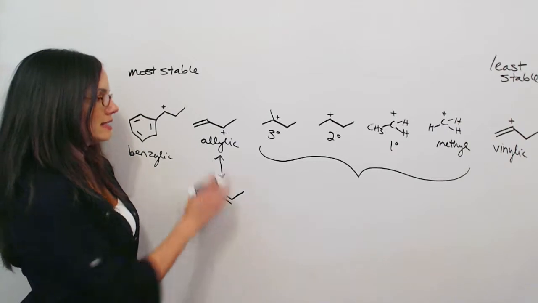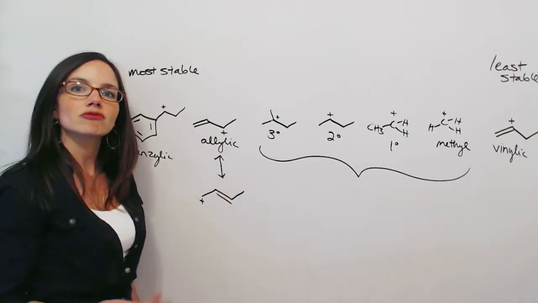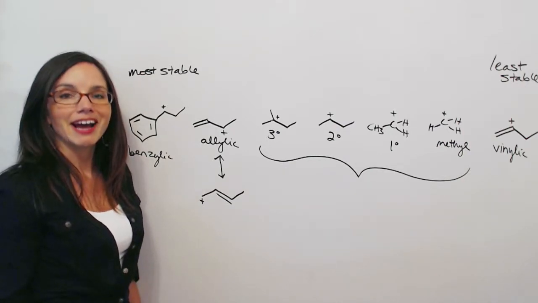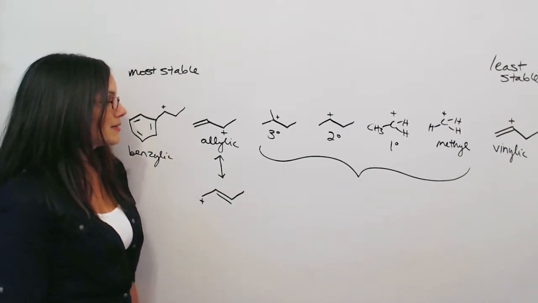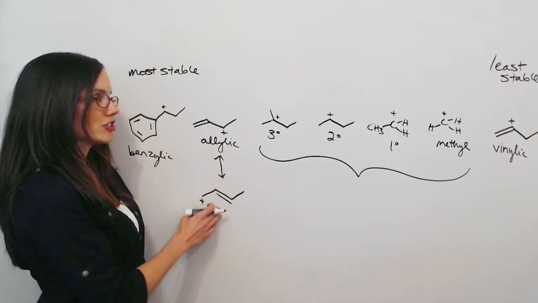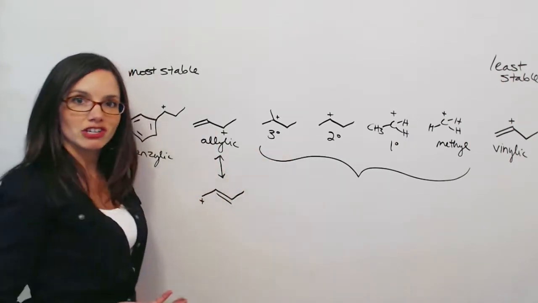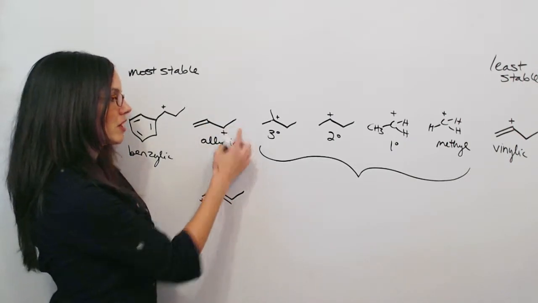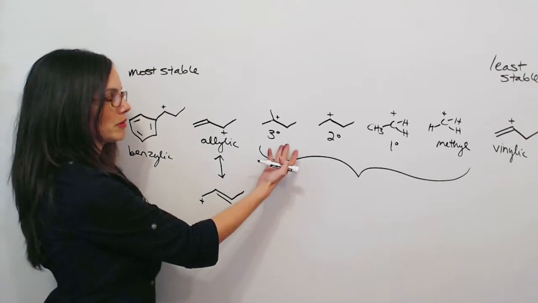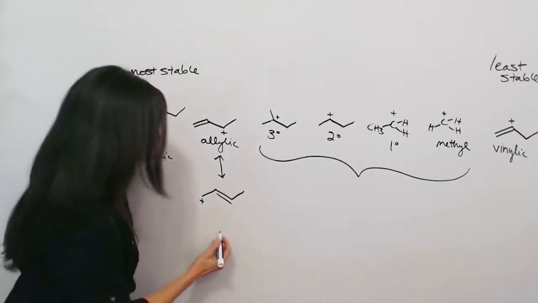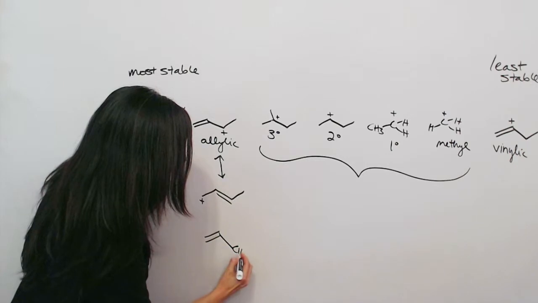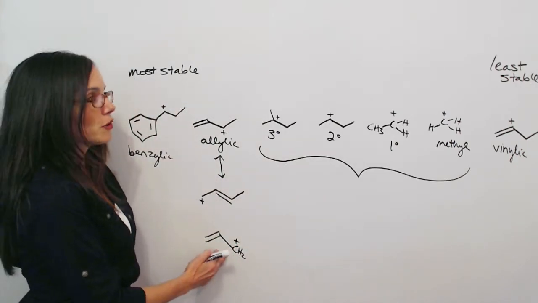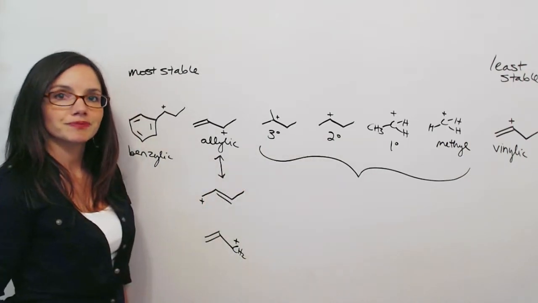And what that means then is that this carbocation actually has a second resonance structure. And the more resonance structures a compound has, the more stable it is. So that means that this allylic structure is much more stable than the tertiary structure, even though to look at this carbon, it only appears to be secondary. So allylic carbocations are more stable than tertiaries. And in fact, I could draw a primary allylic structure, and this primary allylic structure would be more stable than the tertiary structure.